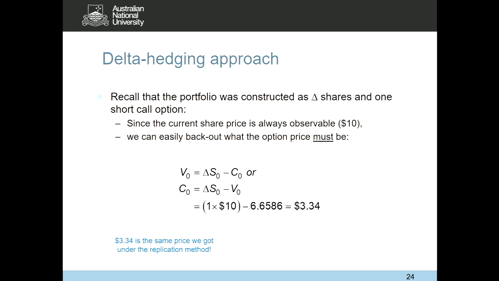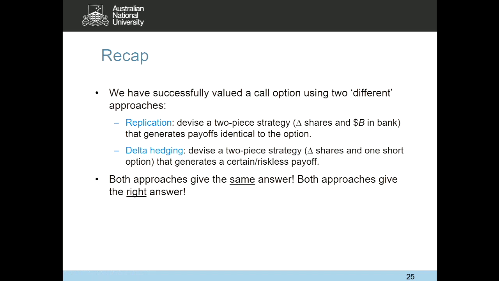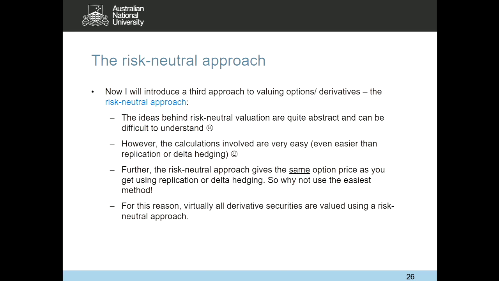And we got the same answer as we got under the replication approach. So any question with the delta hedging approach? Does it make sense, the delta hedging approach, how we got the call option price? Yes? If you have any question, you can just ask me now.